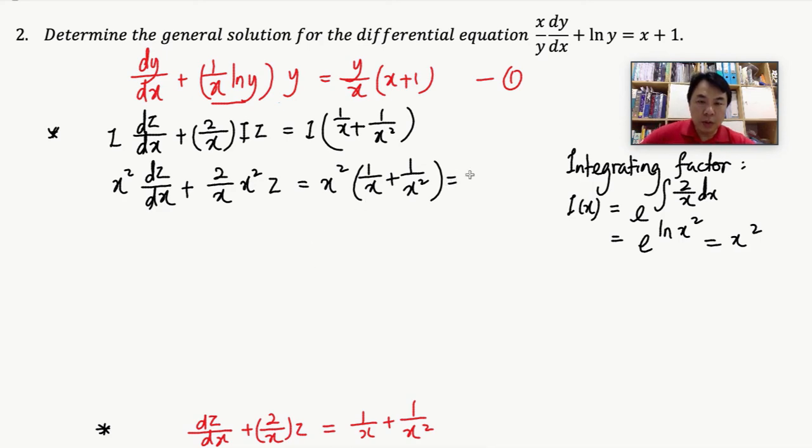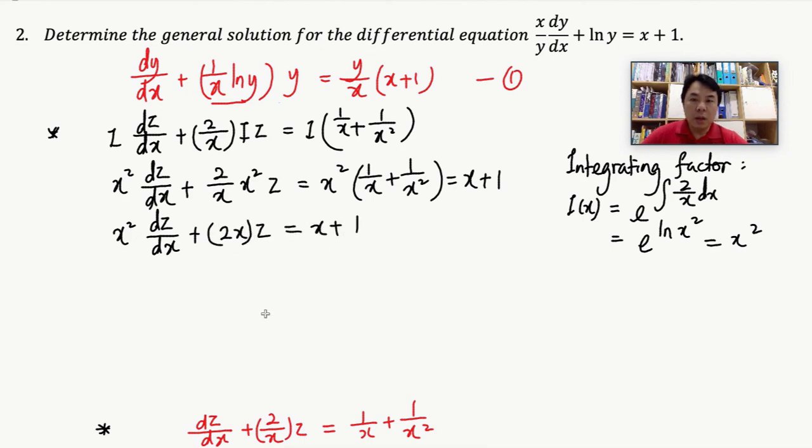Now at this point we can simplify this, which is actually x plus 1. Here we can also do a bit of simplification if you want. In this case, this is basically 2x z equal to x plus 1.